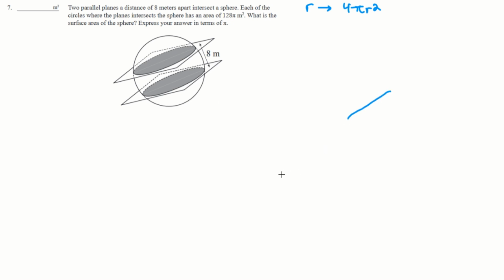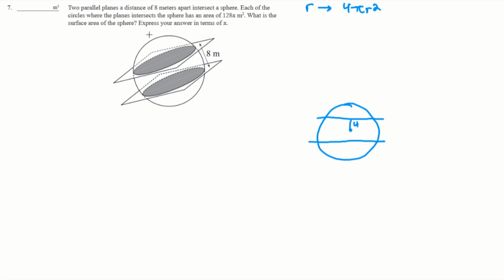This is our circle, and we have one plane intersecting up here, one intersecting down here, and we know the center is right in the middle, so that means this distance should be 4 meters.